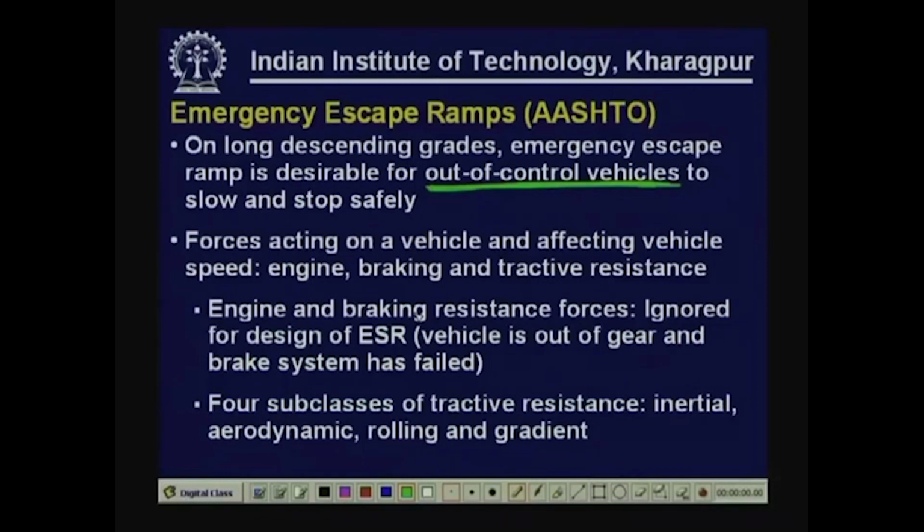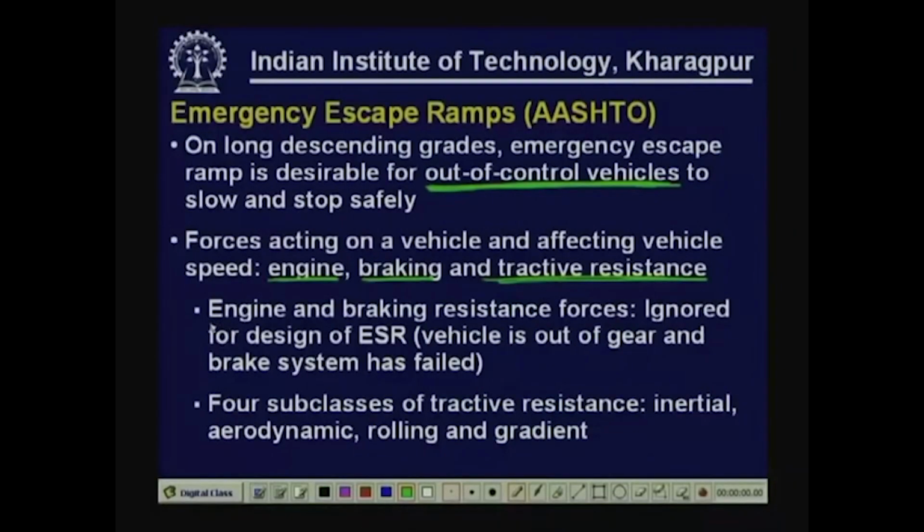Primarily there are three sources: number 1, engine; number 2, braking; number 3, tractive resistance. Now, engine and braking resistance forces are ignored for the design of emergency escape ramps. Why? Because we should design emergency escape ramps for the most critical condition.